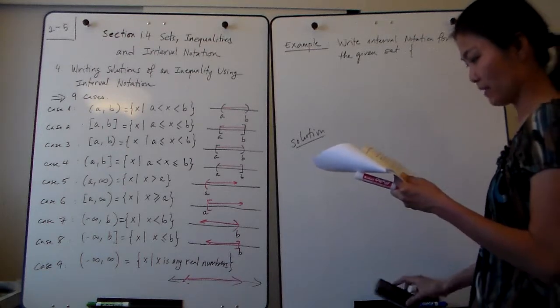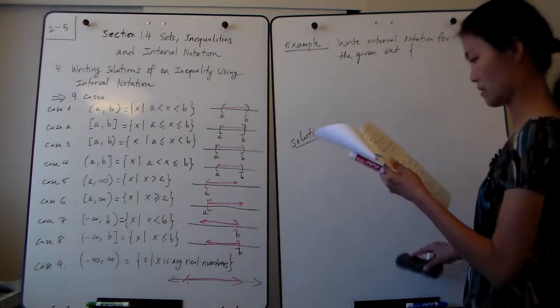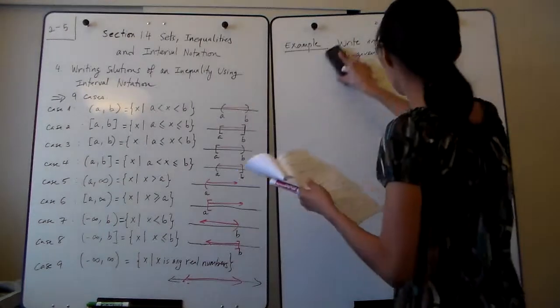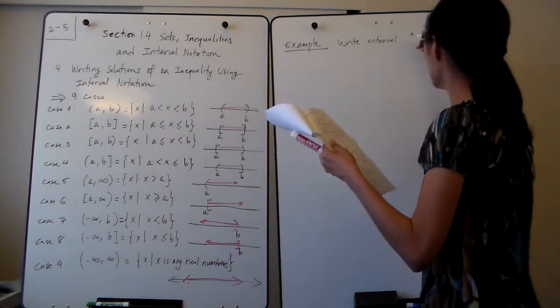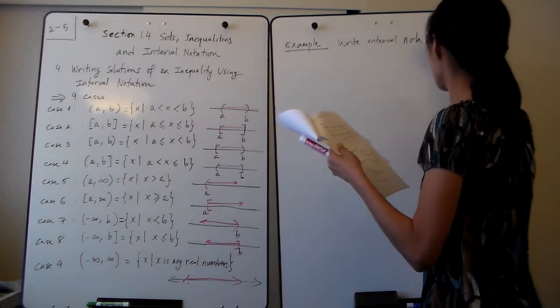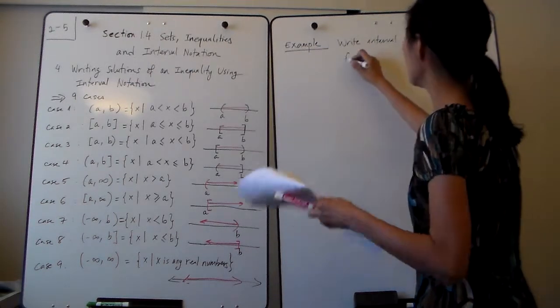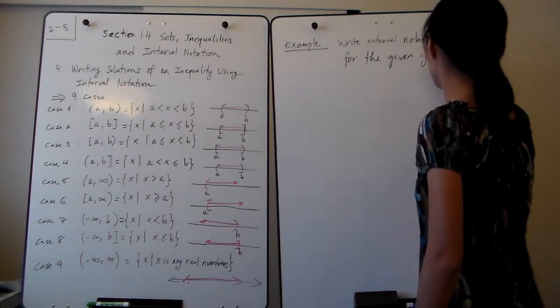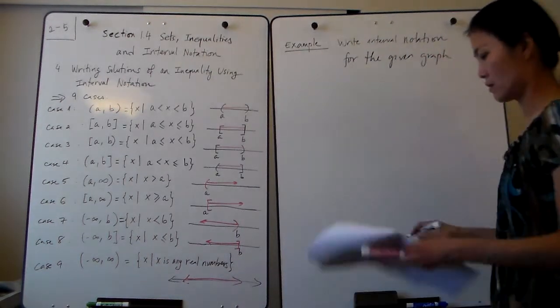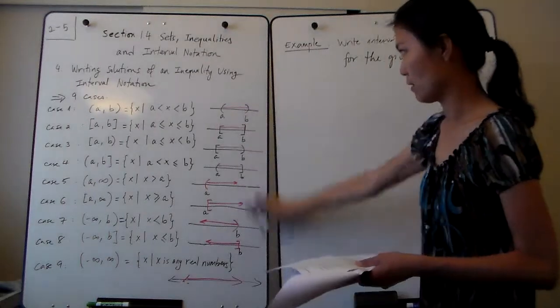And I have another example, which has the same question with a different set notation. Okay, for this one, a little bit different. Apologize for that. Write the interval notation for the given graph. So in this case, we're given the graph.